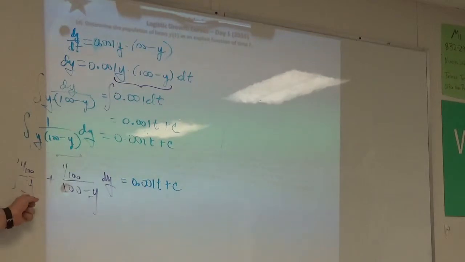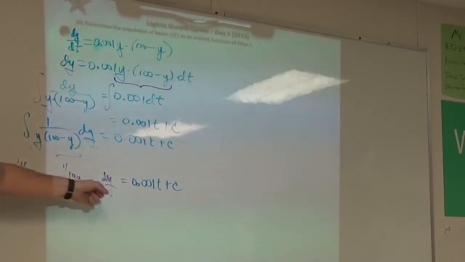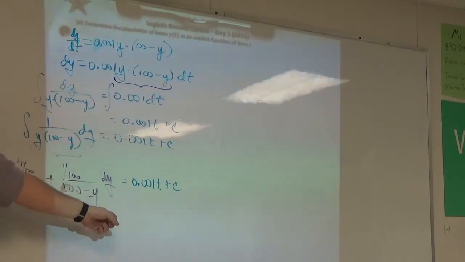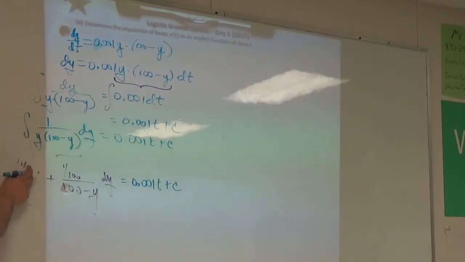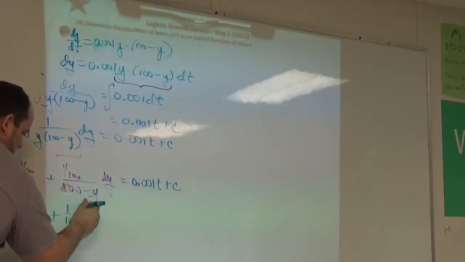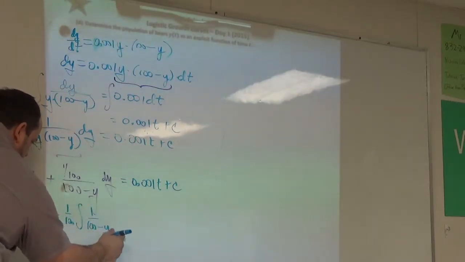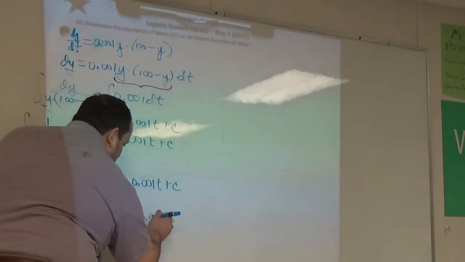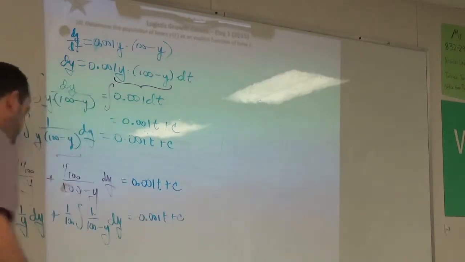Now, the advantage of having two separate fractions is I can integrate this fraction separately from this one because I can distribute the integral. So, if I've got 1 over 100 in the numerator, well that's a constant, so I really have 1 over 100 times the integral of 1 over y dy plus, over here, 1 over 100 times 1 over 100 minus y dy equals 0.001 t plus c.